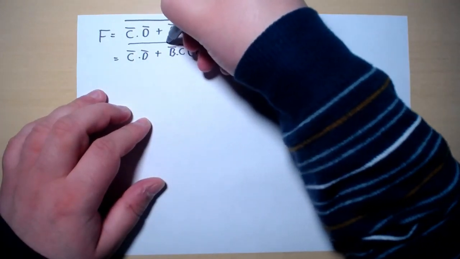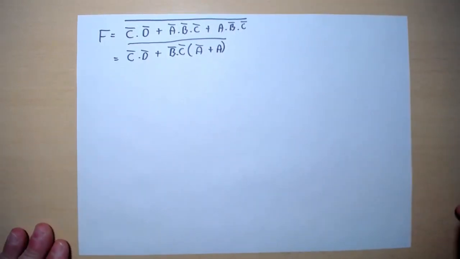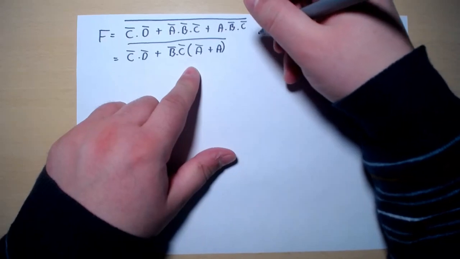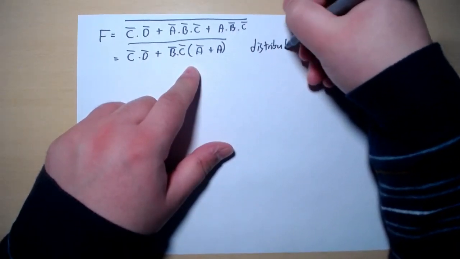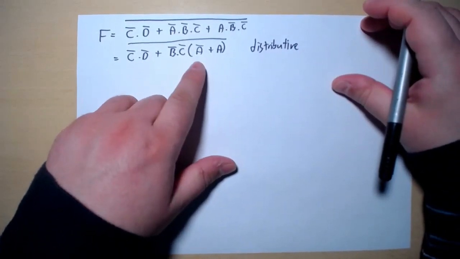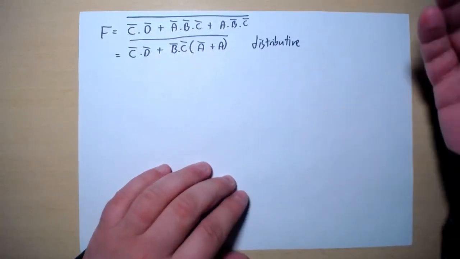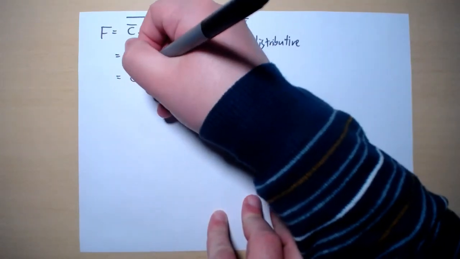And obviously we'll have to leave the NOT there. Here we have used distributive. If we have a look at this bracket, using tautology, we can get rid of it and it will be converted to 1.